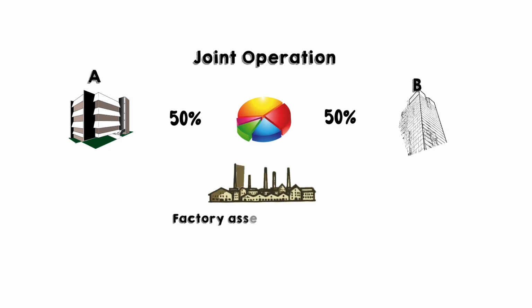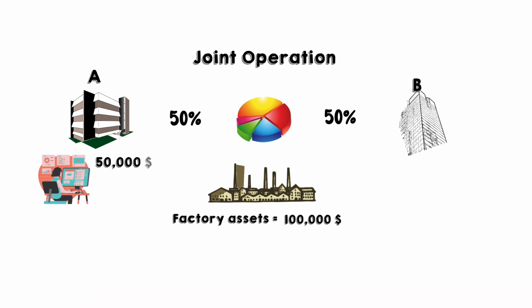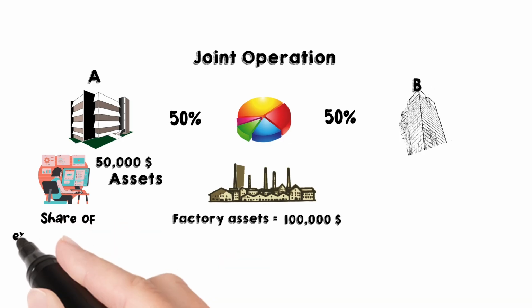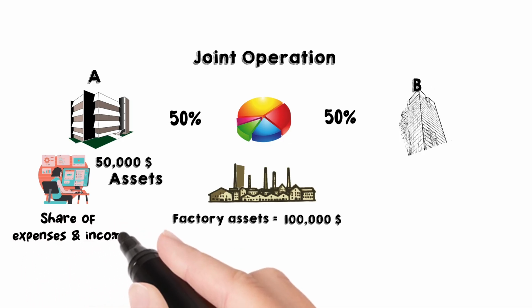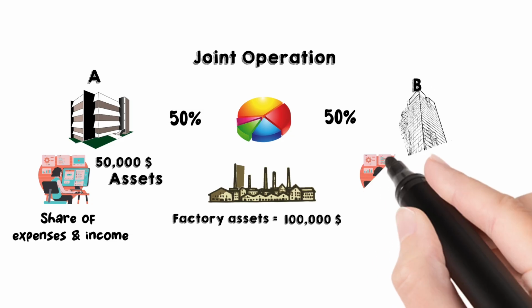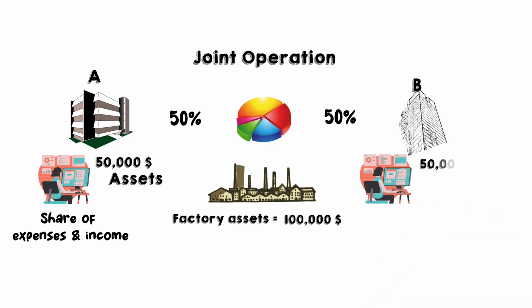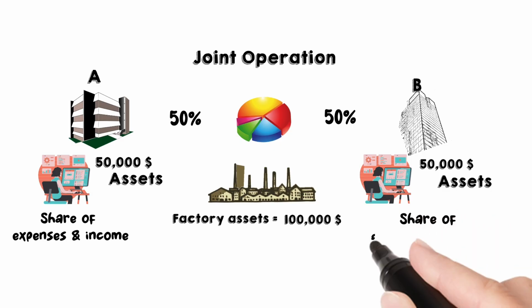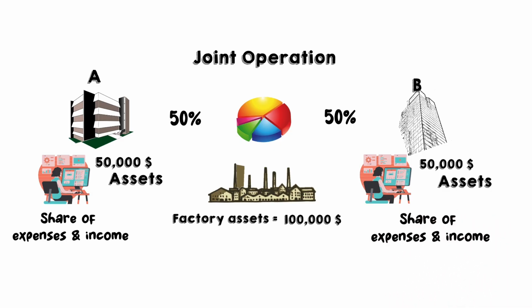Factory assets are $100,000. Company A records $50,000 as assets, and its share of expenses and income. Company B also records $50,000 as assets, and its share of expenses and income.